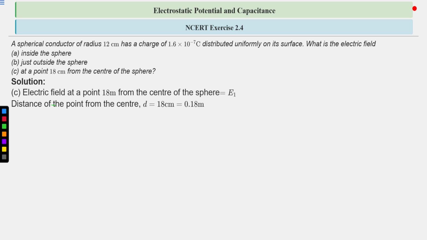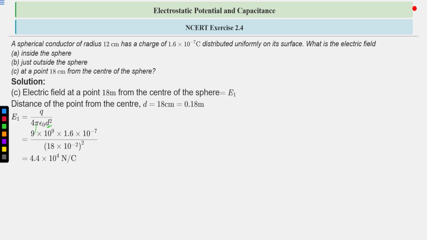Now it is an outside point, outside the sphere, which is equal to 0.18 meter. So E1 is equal to Q by 4 pi epsilon naught D square. D is the distance of the outside point from the center of the sphere, which is 18 centimeter, or we can say 0.18 meter, or in scientific notation 18 into 10 to the power minus 2 meter.